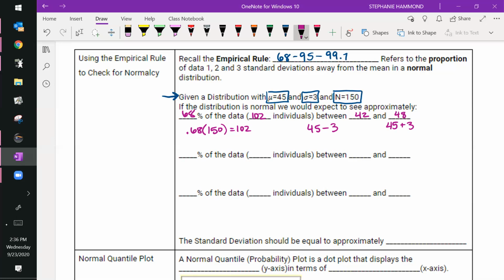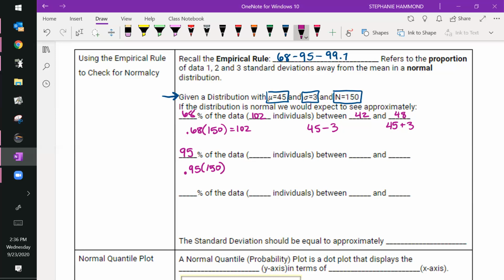Okay, continuing here, what about 2 standard deviations away from the mean? What about the next number in the empirical rule? Let's look at 95. What is 95% of the data here? Again, we can calculate that. 95% of the data, there's 150 individuals, we know that.